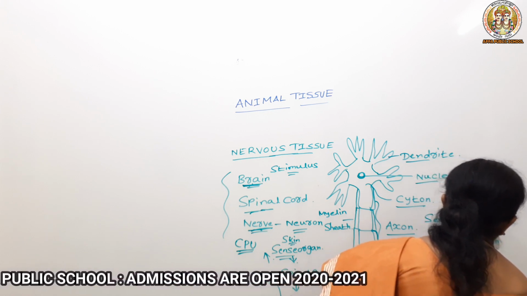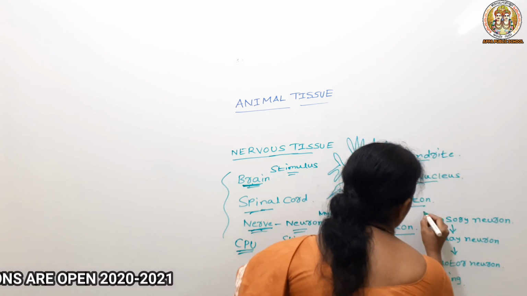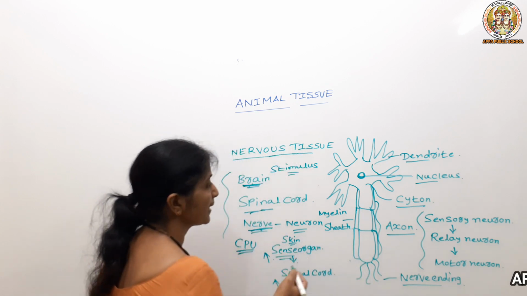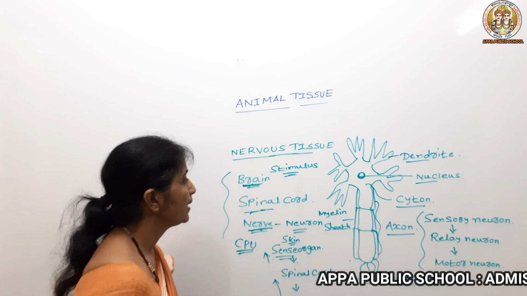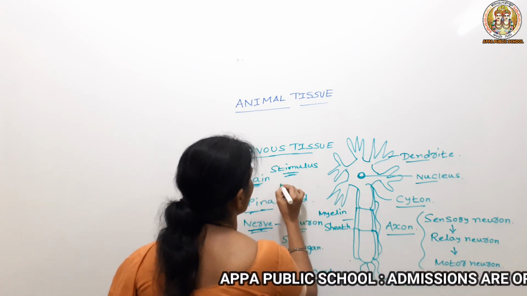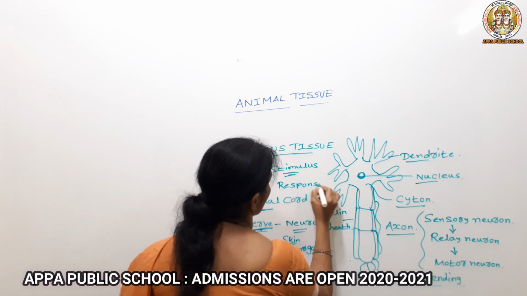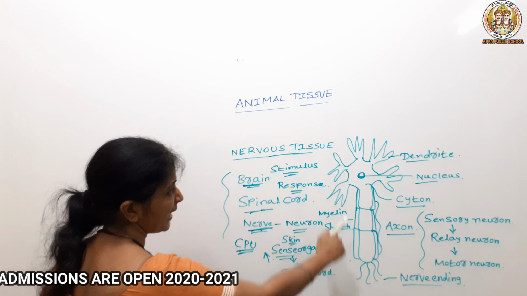These are the three types of neurons which help to take the message from the sensory organ, and within a fraction of a second give the response for the stimulus. So this is the main structure.